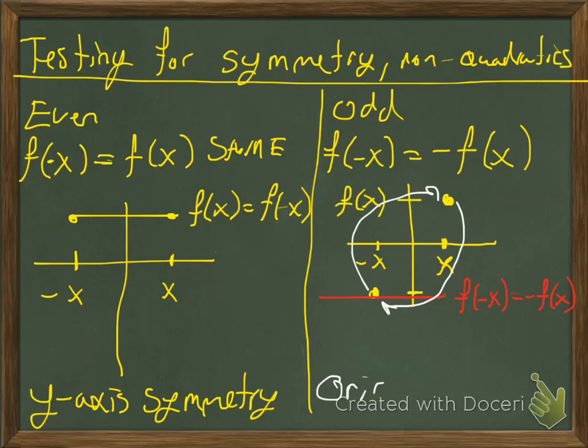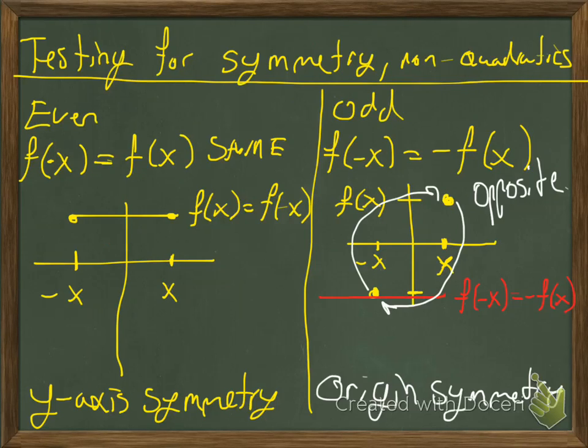And you have your origin symmetry. And we'd call this one opposite. Okay? So in both cases, you're plugging in negative x in place of x, and you're going to decide whether the function is the same, is it exactly the opposite, and if it's got some mixture of same and opposite, then you say it's neither.